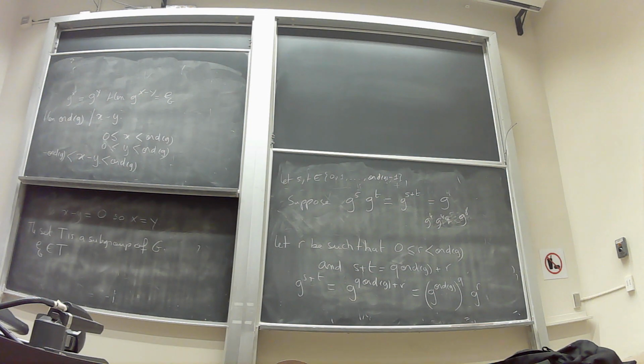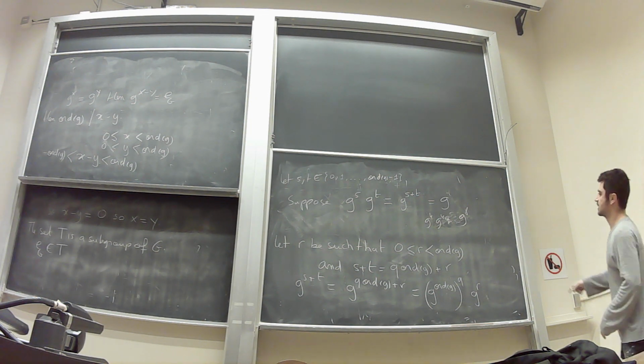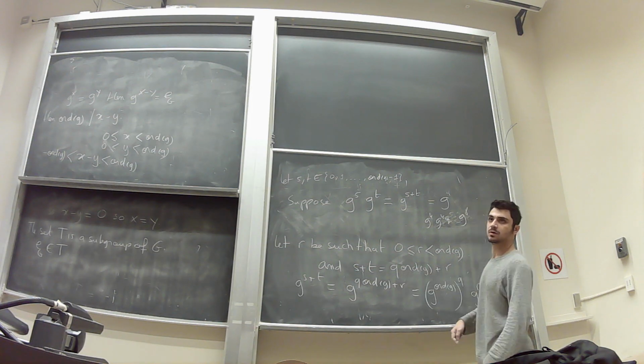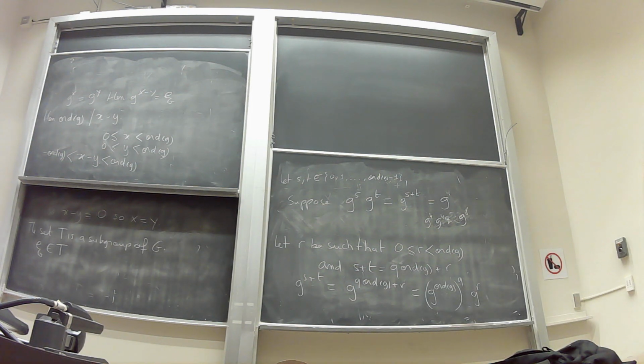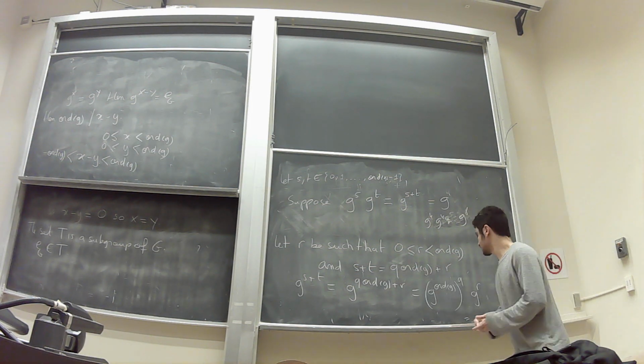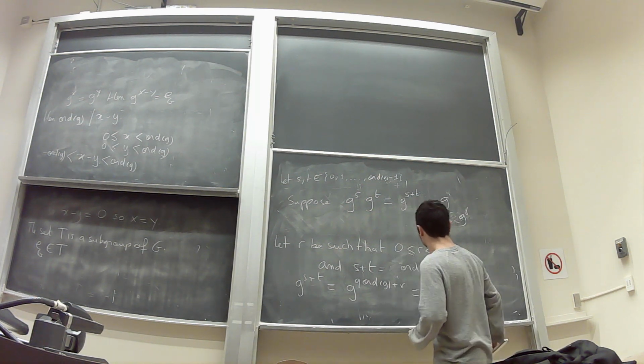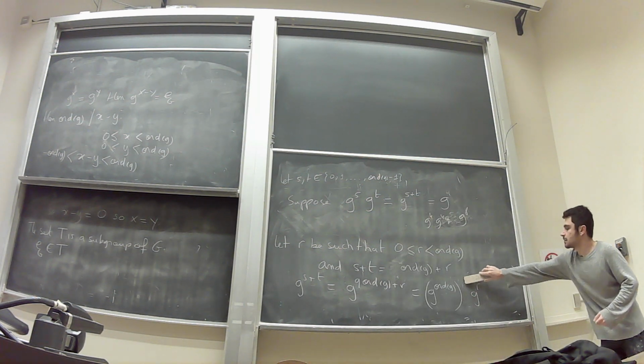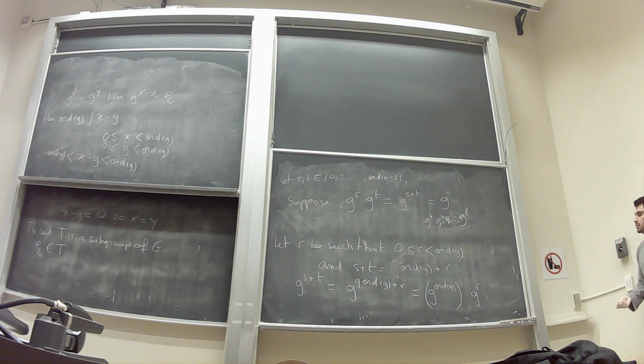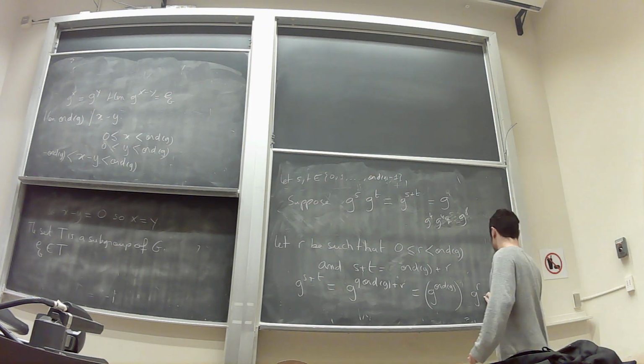I understand. But this works as well. I see what you mean. Sure, we can do that if you want. But this is still correct. Very good. And then what do you get? You get g to the r.